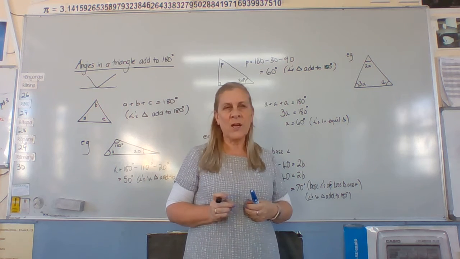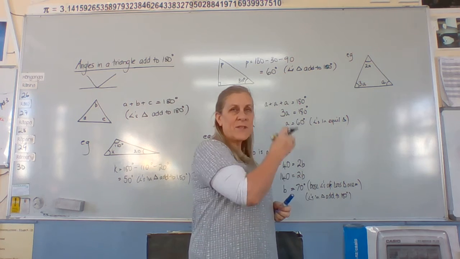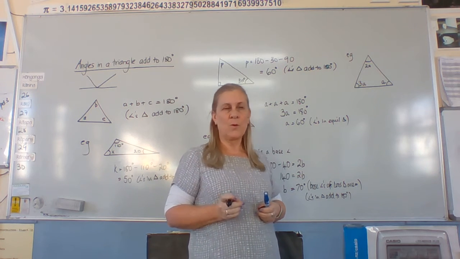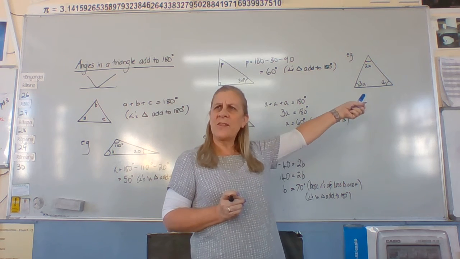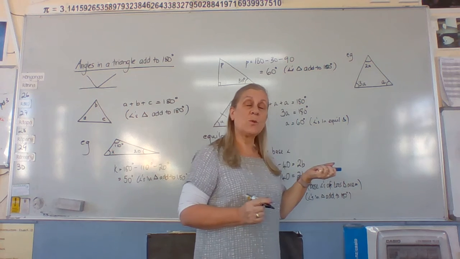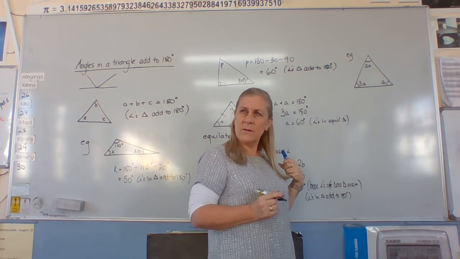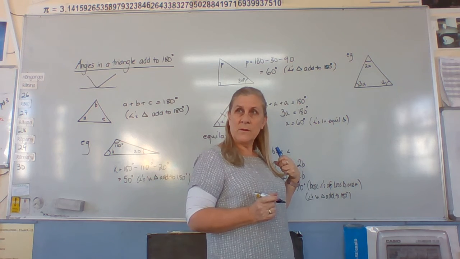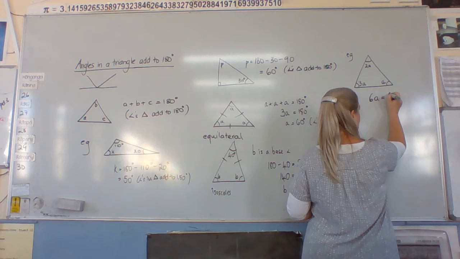It's a badly drawn diagram, but you'll remember that conversation we had about believe the diagram, not how well it's drawn. What's written on it is important. How many A's are there? And what do they have to be equal to? So 6A has to be equal to 180.